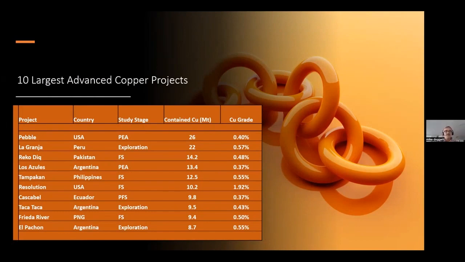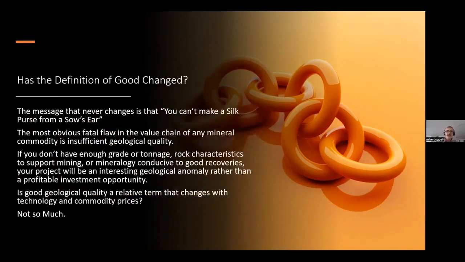And that's interesting in the sense that if you look at many of the recent large-scale copper developments, they're pretty much in that same range of between 0.4 and 0.6. So has the definition of good changed with respect to deposits and our copper value chain?